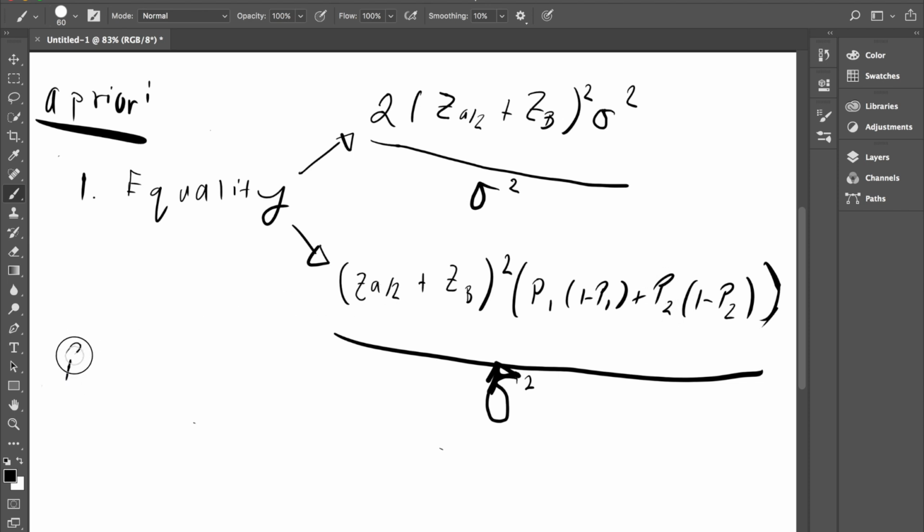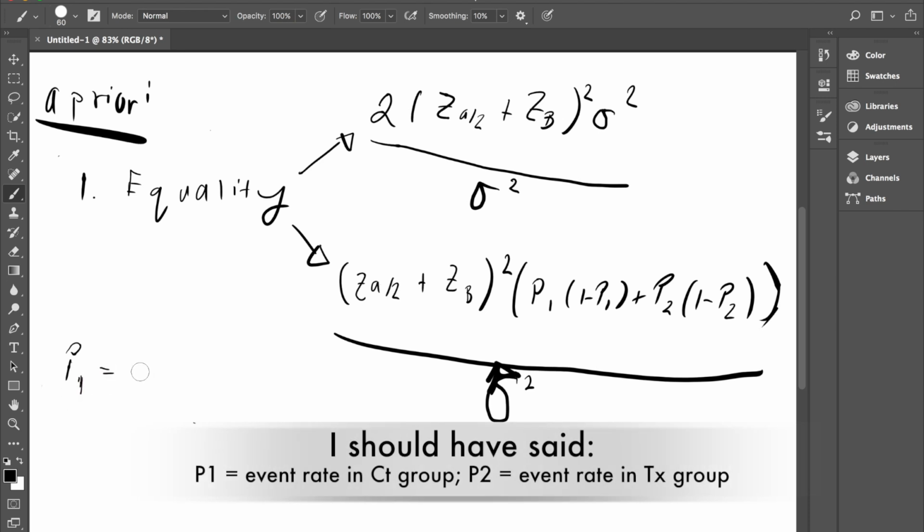P1 is the expected event rate in the treatment group. And P2 is the expected event rate in the control group.